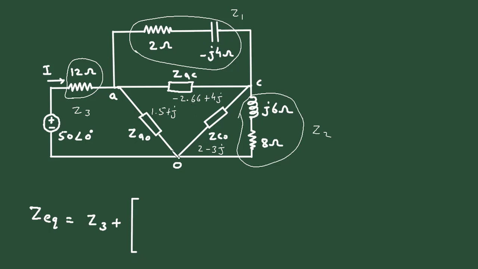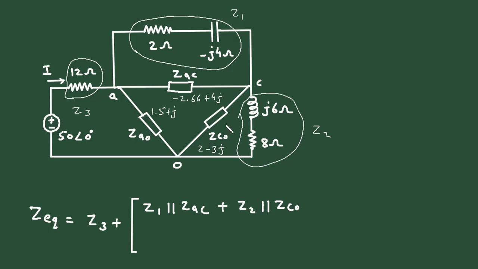Here we can write Z1 parallel with ZAC, then it is in series with Z2 parallel with ZCO.